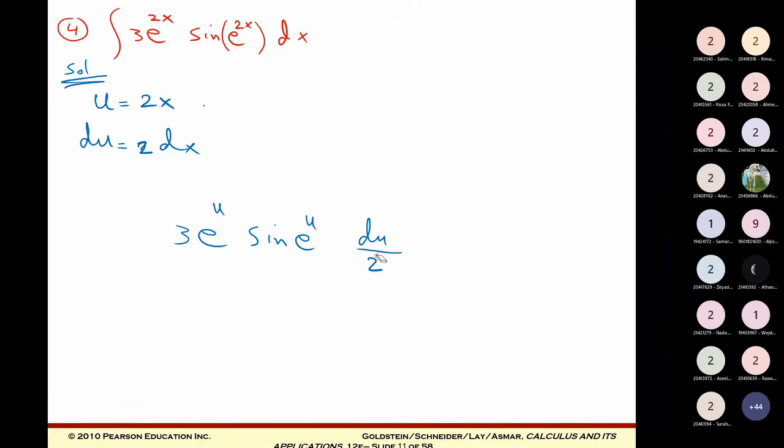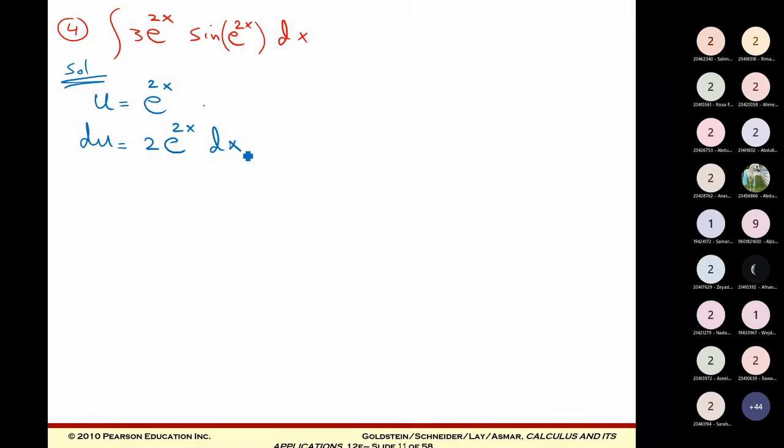But if we put u equal e to the power 2x, this is the angle. Okay. So we have du equal 2e^(2x) dx. So dx equals du over 2e to the power 2x.